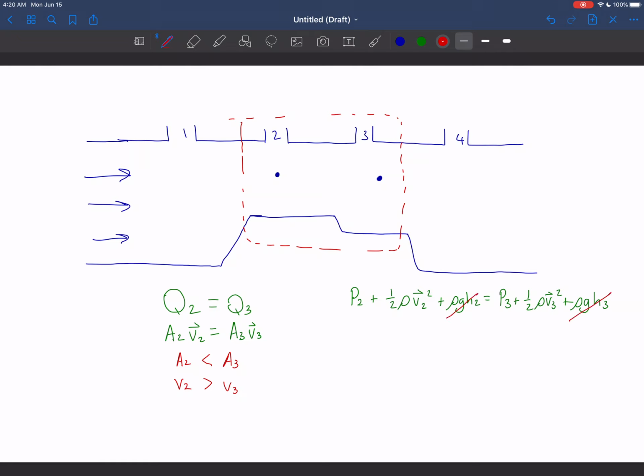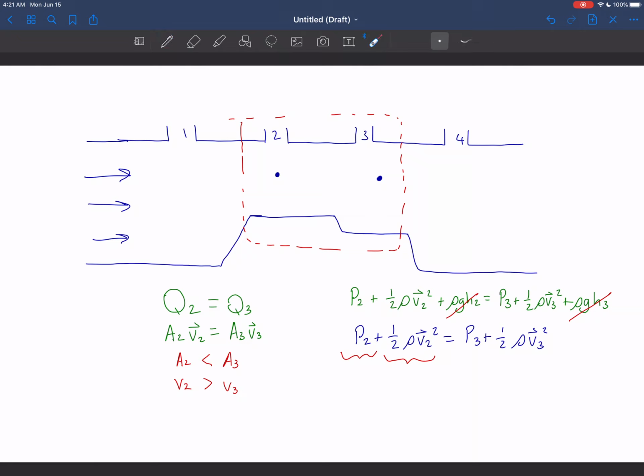Now what does my Bernoulli's equation look like? P2 plus 1/2 rho V2 squared equals P3 plus 1/2 rho V3 squared. Okay, cool. Now what I want you to do is look at this as a single term and this as a single term, and do that on both sides.